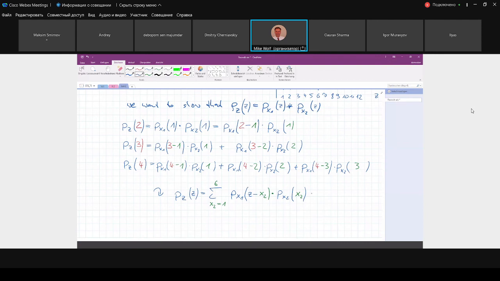This is equal to p x1 of set, the convolution operator, p x2. If you need to calculate such a convolution, we could also insert all the other values of x, but we don't need to, because these values are 0 if you insert values other than 1 to 6. But we could do this.